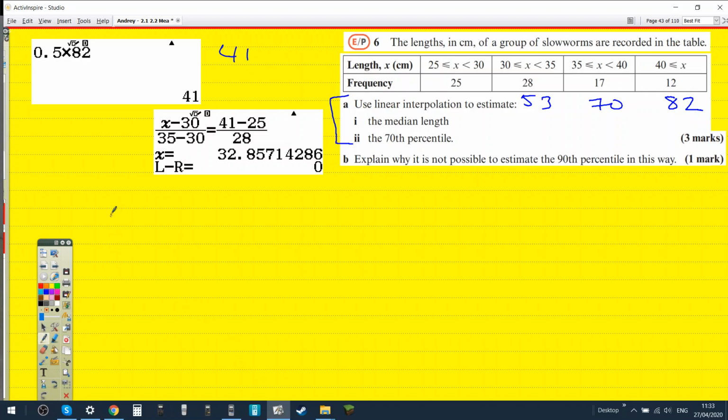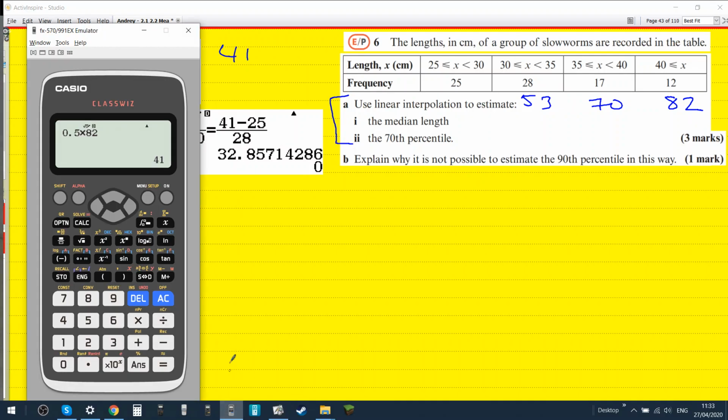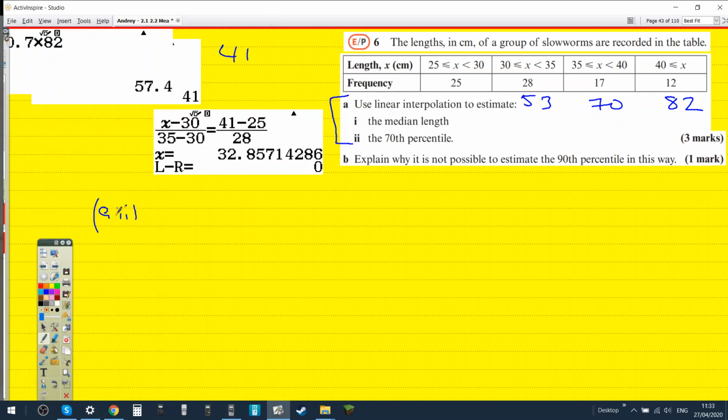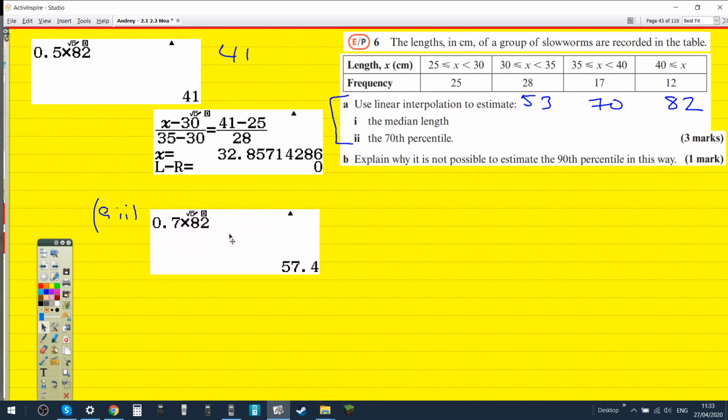And so for the formula thing, do I then need to do x? Oh yeah. X minus 35.